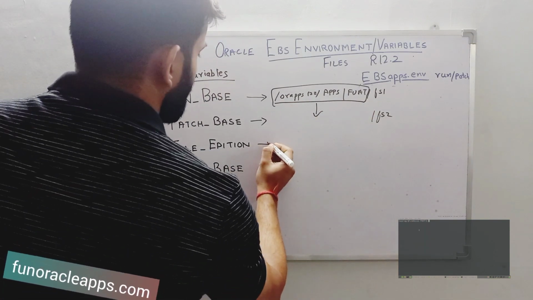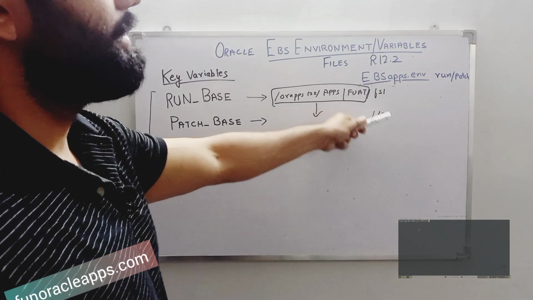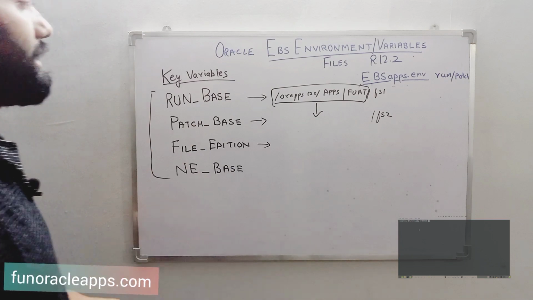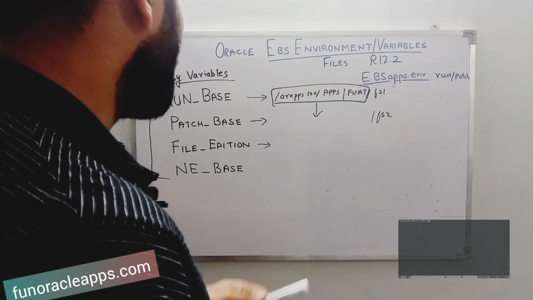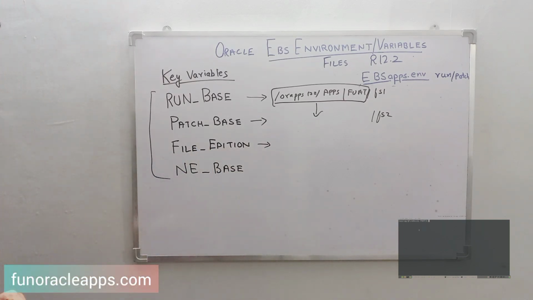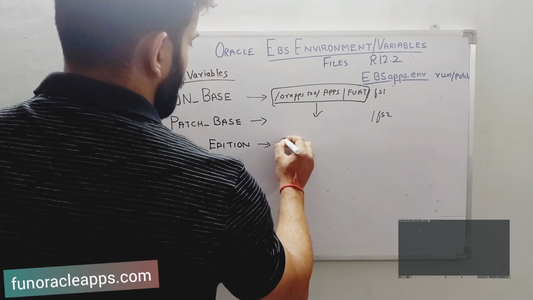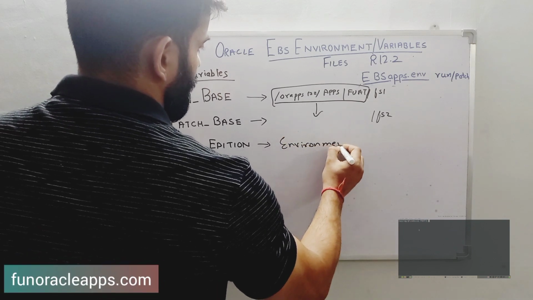Then FILE_EDITION, because these two will only tell which is your file system 1 and file system 2, but which one did I actually set? So how to identify that? You can use a variable FILE_EDITION, which will tell you what type of environment you have sourced, run or patch.